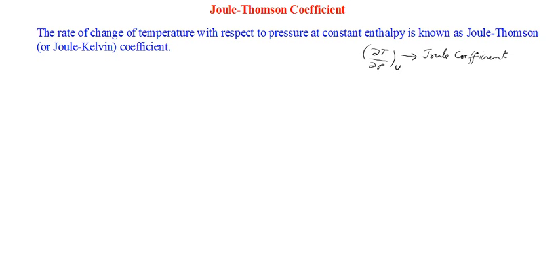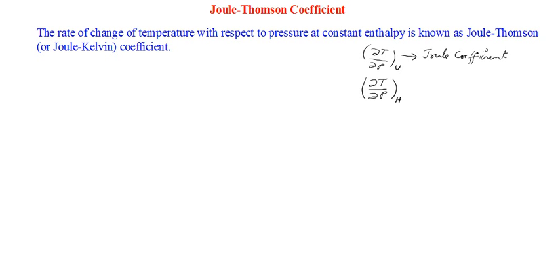Now, in the same manner, in the Joule-Thomson effect, we will be defining a new quantity which is also measured as ∂T/∂P, means the rate of change of temperature with pressure. But the difference is that it should be measured at constant value of enthalpy.